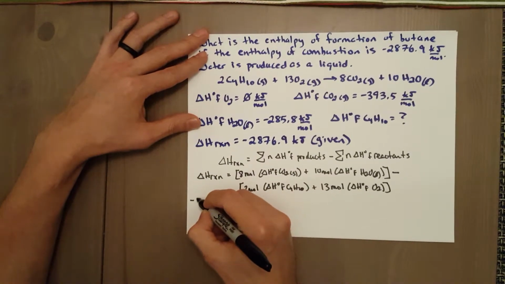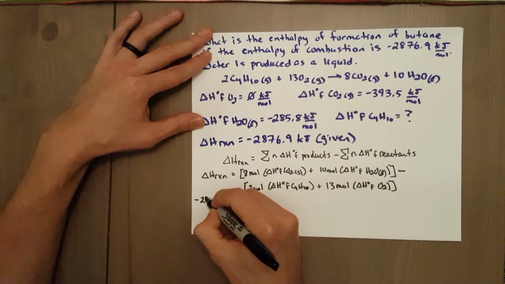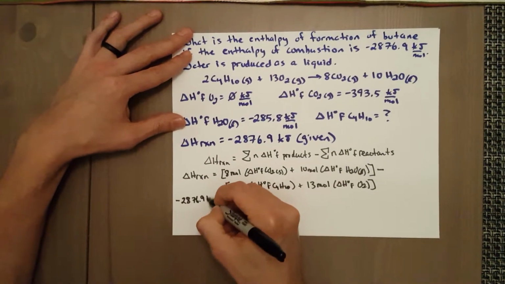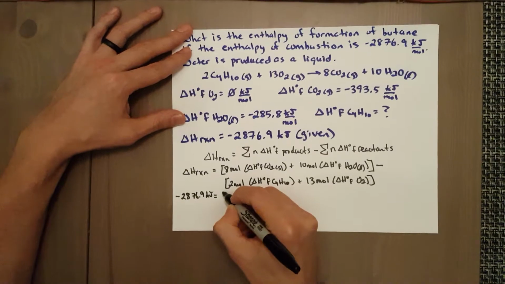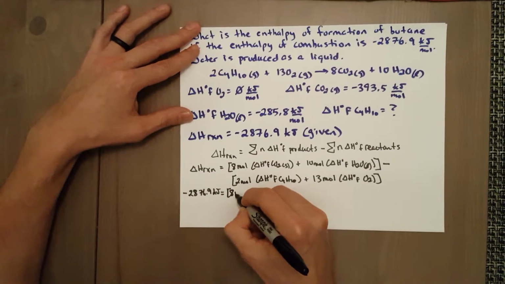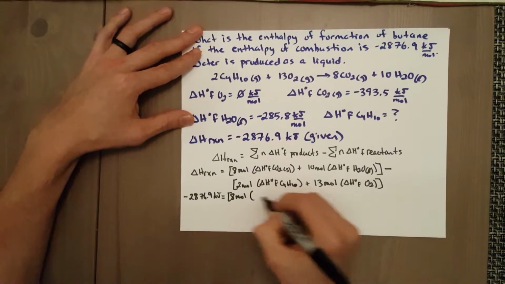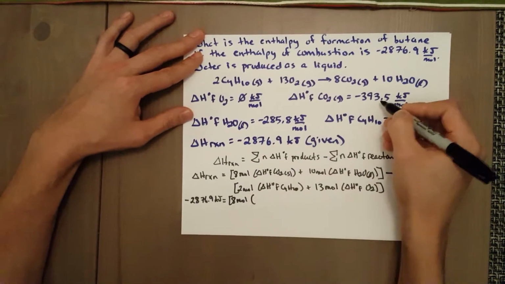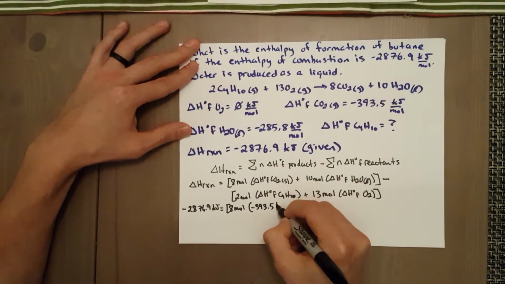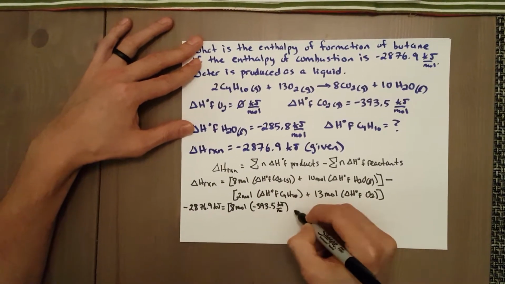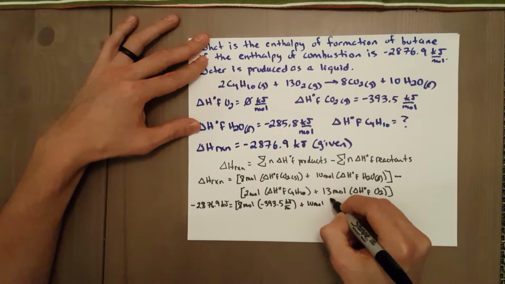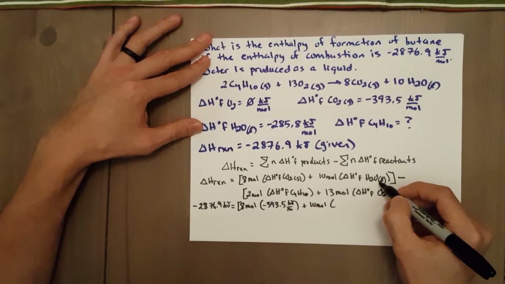We have the enthalpy of the reaction at negative 2,876.9 kilojoules. And here we'll just fill in and do a bit of math in a bit. Fill in these values. Heat of formation of CO2. Heat of formation of liquid water.